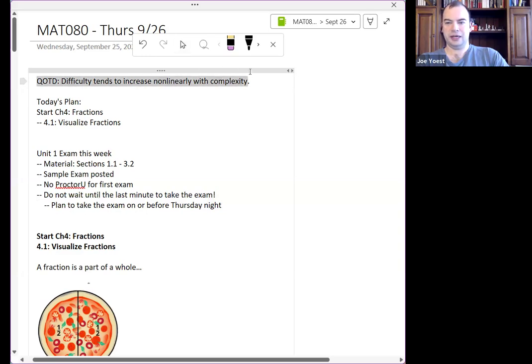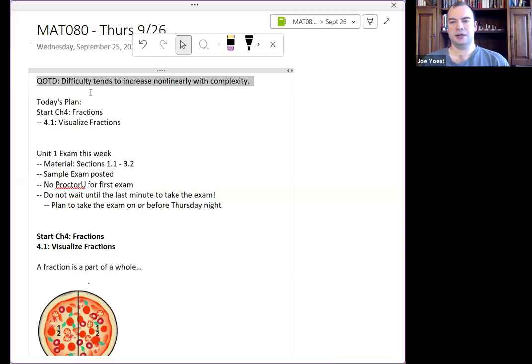The quote of the day today is that difficulty tends to increase non-linearly with complexity. So if you have, whether maybe it's a math problem or something complicated in life, if you double the complexity of something, it's probably a lot more than twice as difficult to manage.